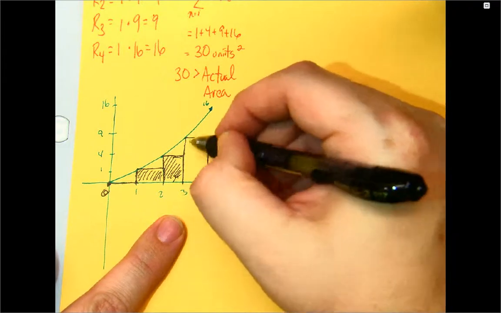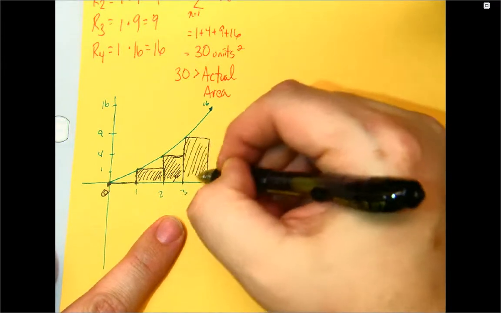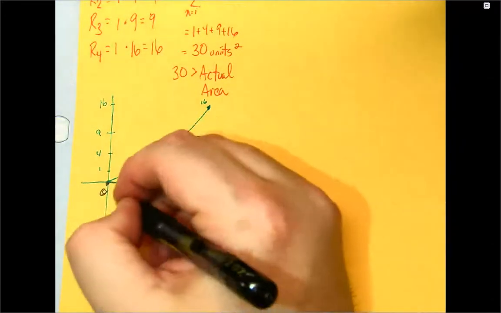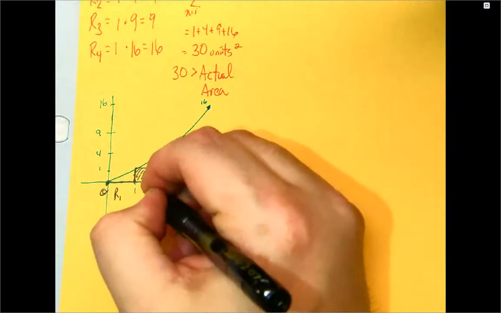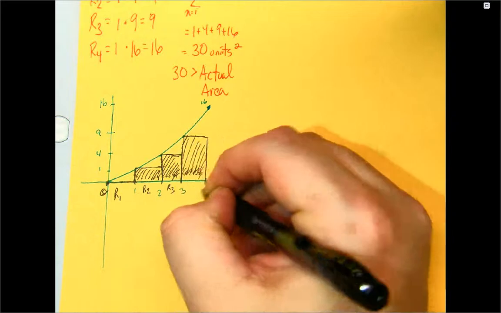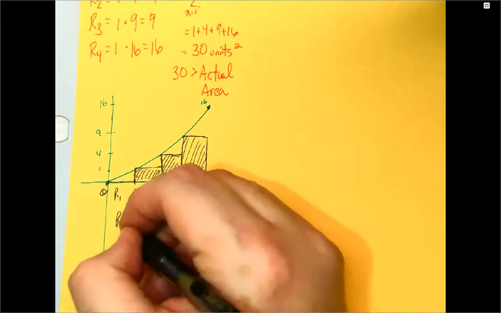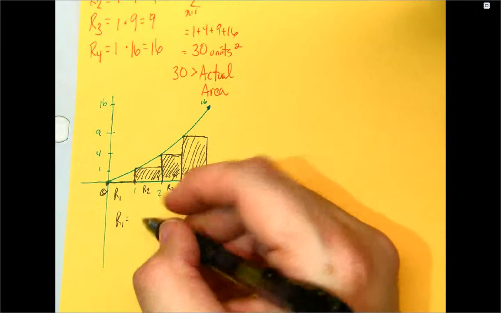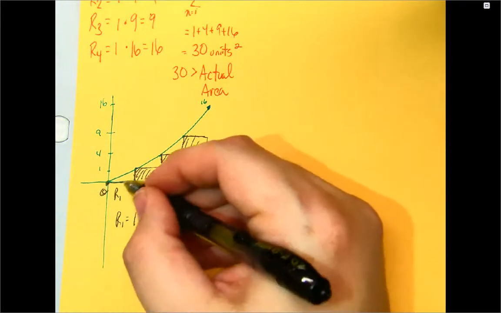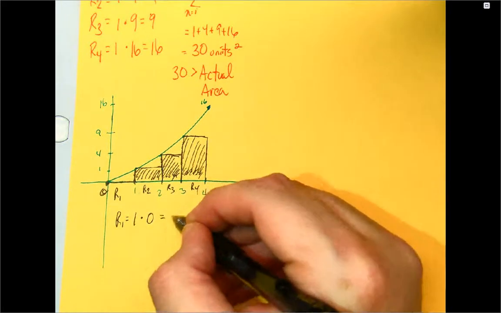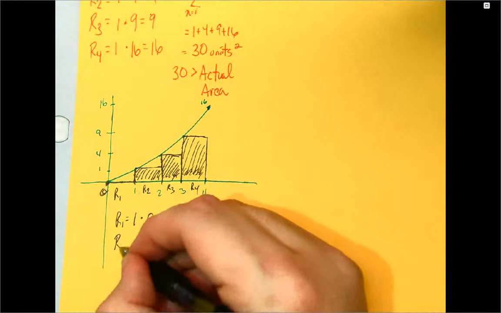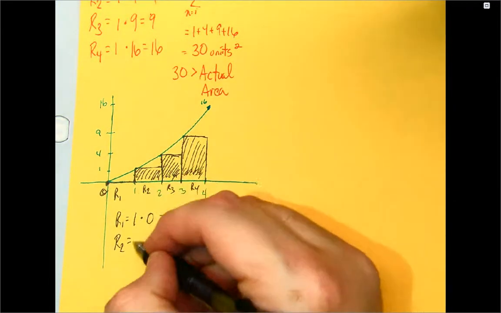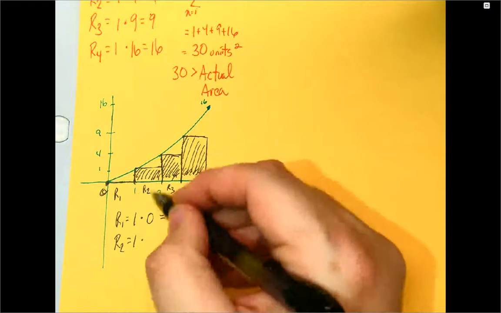So I have 4 rectangles again. There's rectangle 1, rectangle 2, rectangle 3, rectangle 4. So R1, what's the width? 1. What's the height? 0. So that area is 0. R2, what's the width? What's the height? 1.